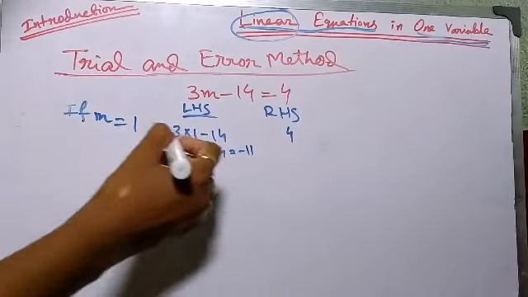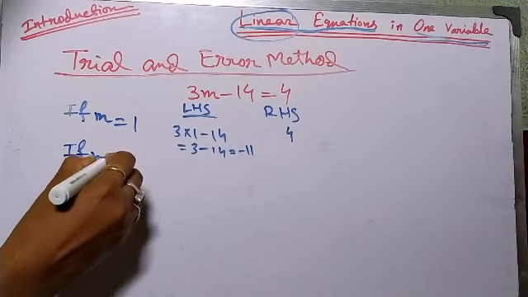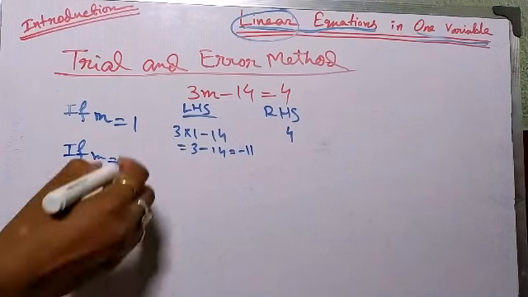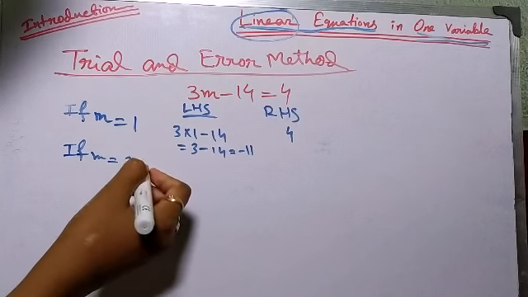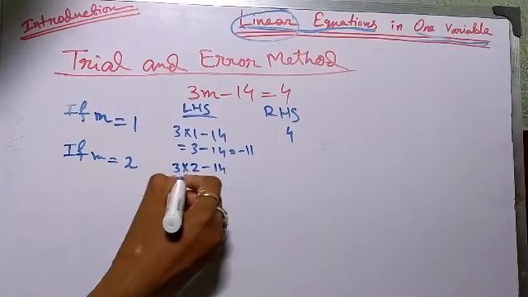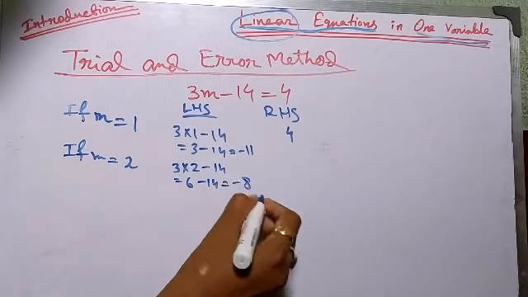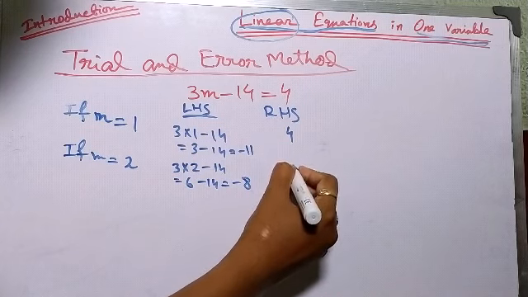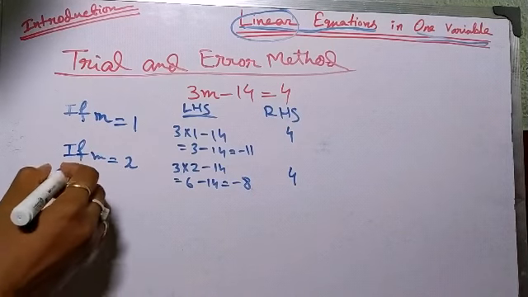So that is not possible. So next value we will put, that will be 2 or any other value we can put. So 3 into 2 minus 14, that means 6 minus 14, that means minus 8. Here the value of RHS side is 4. So that is also not possible, that will not be the root.